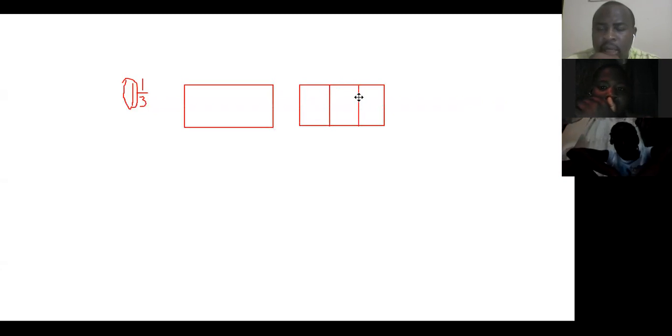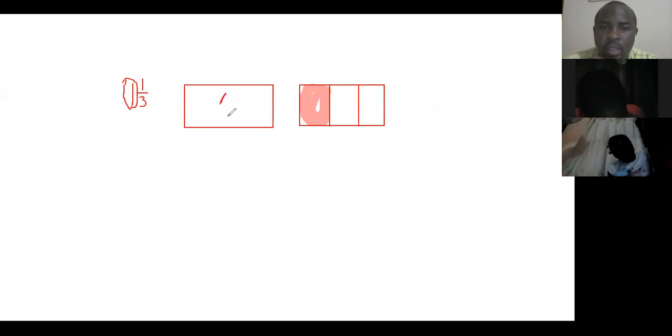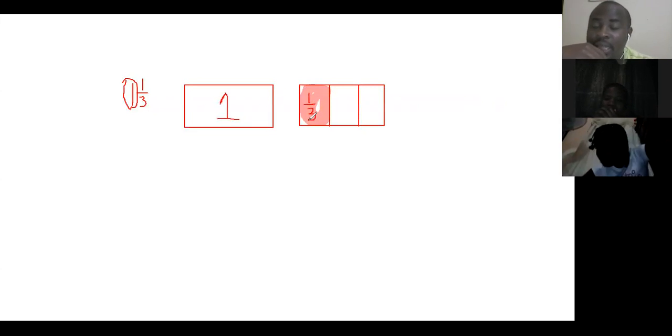And out of this 3, only this part we're talking about. So that means we have 1. So this is a whole. This is 1. And this part here is 1/3, right? Yes. So now, do you understand why a mixed fraction is not entirely a fraction?